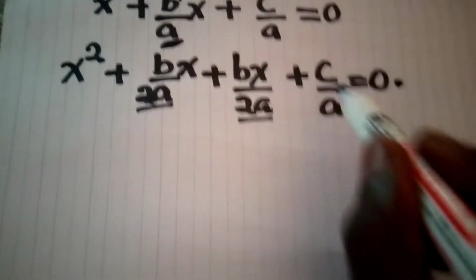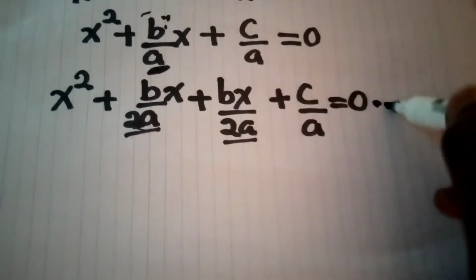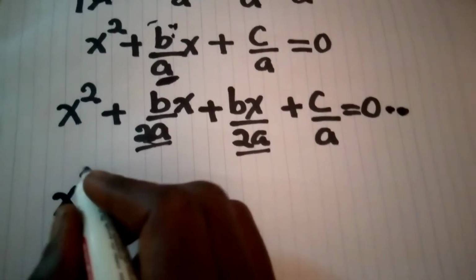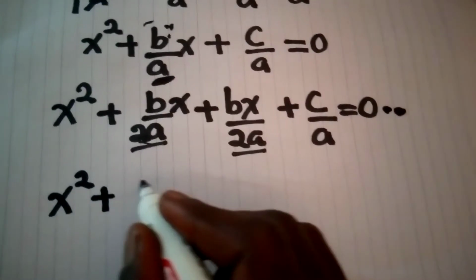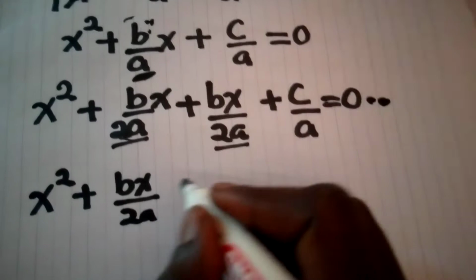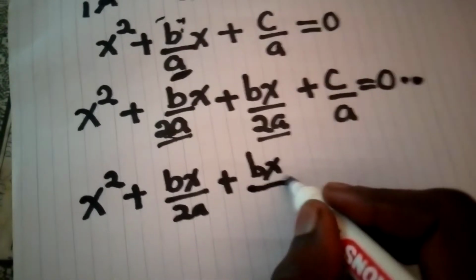When we are crossing, just take c out of a to the right hand side of the equation. So we shall have x squared plus bx all over 2a plus bx all over 2a.